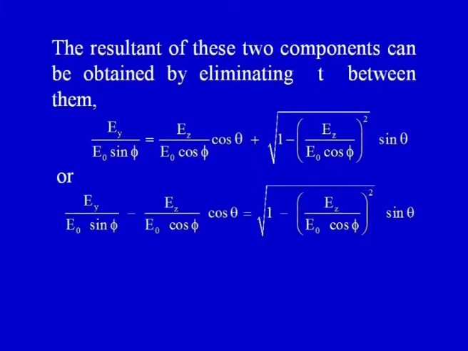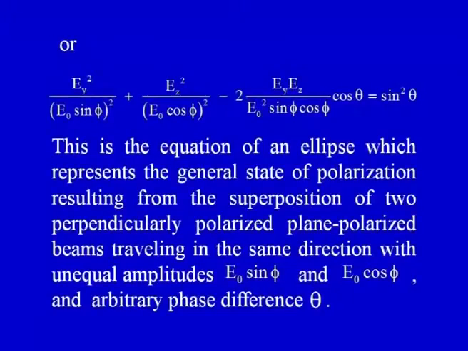We can rearrange that, and that gives E y upon E naught sin phi minus E z upon E naught cos phi times cos theta, which is equal to the square root of 1 minus (E y upon E naught cos phi) squared times sin theta, or (E y upon E naught sin phi) squared plus (E z upon E naught cos phi) squared minus twice E y E z upon E naught square sin phi cos phi times cos theta equal to sin square theta.